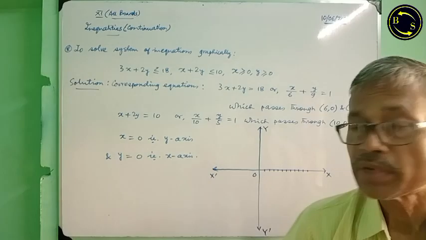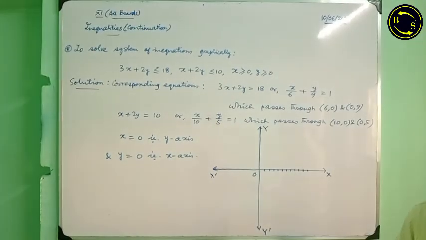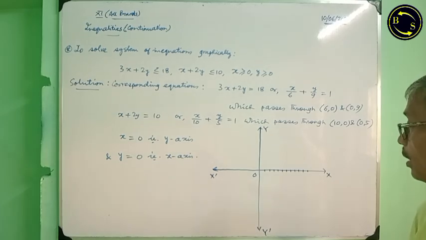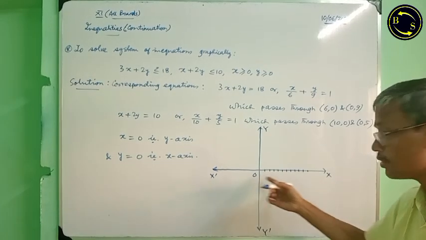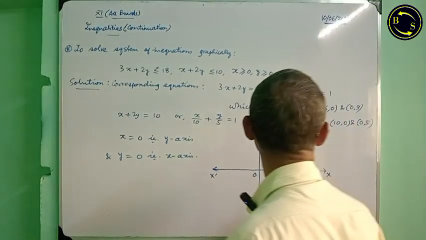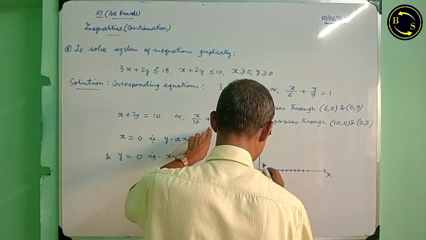Scaling must be equispaced. That is why I suggest my students to use the scale. Using the scaling of your scale, you first mark this, and along the y-axis 9.